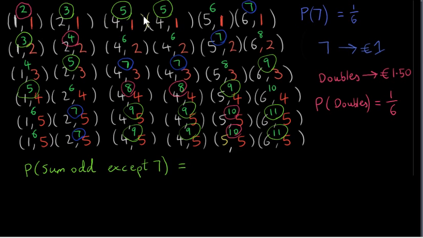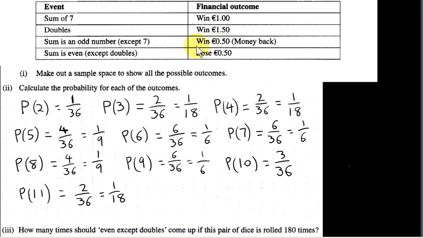If we count up these, we'll see that there are 14 of them. So we put the number of these events over 36. And we can see that a win for this event is €0.5.